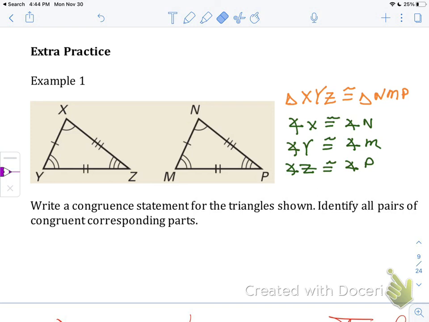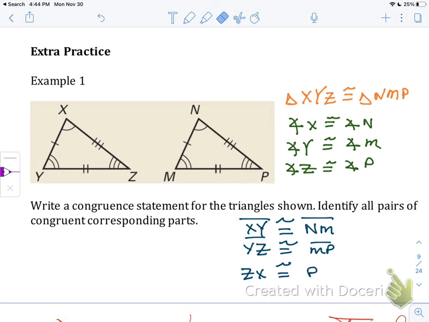So the first two letters, X, Y, that's congruent to the first two letters in the congruency statement, NM. The last two letters, YZ, is congruent to MP. And then last and first, ZX, is congruent, last and first, PN. Done.